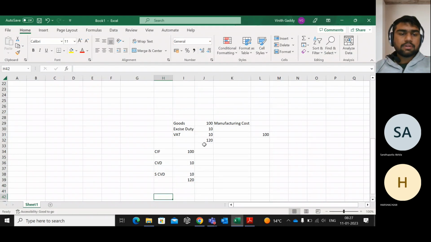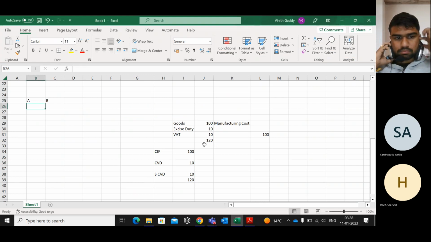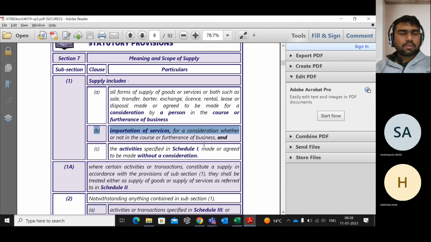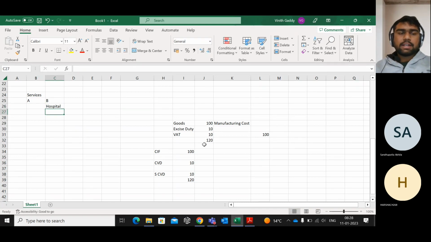Let us take one example: A, B. B is a hospital.